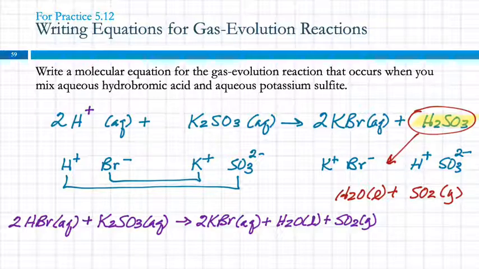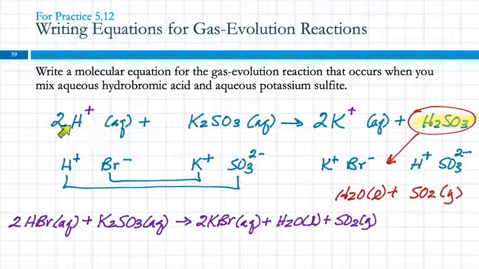Like we had hydrogen ion here, and we weren't showing the bromide. So it could end up looking like that. Would it change anything? It wouldn't really change anything.